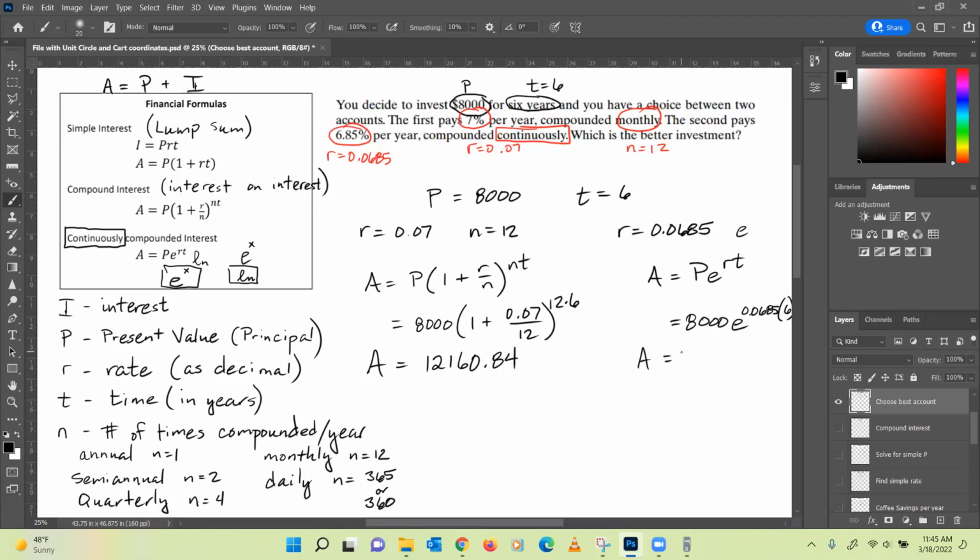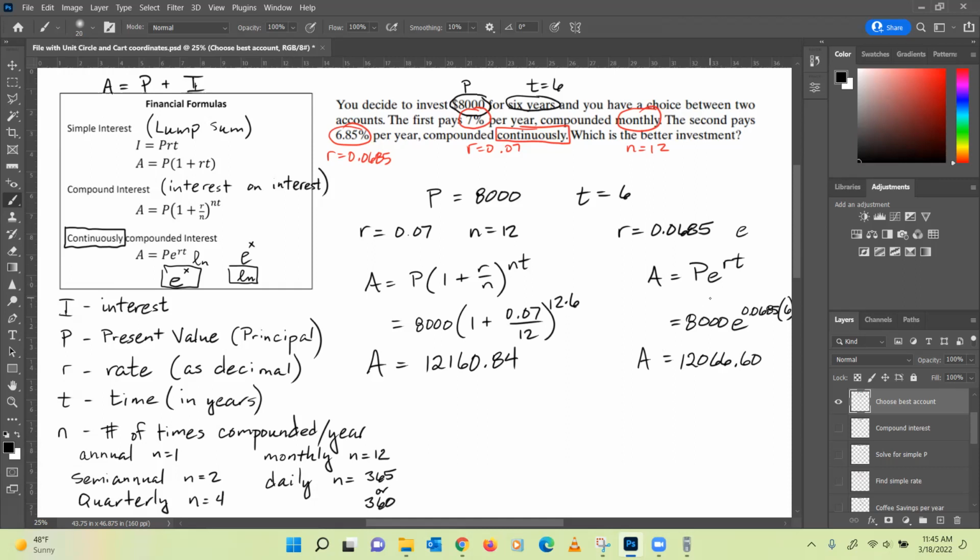Or this other option, I'm going to take 8,000 and I'm going to multiply that by E to the 0.0685 times 6. And that gives me $12,066.60. So while the continuous compounding, it's kind of like an N value of 1,000 or more.